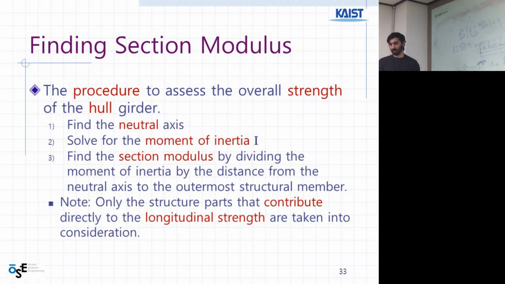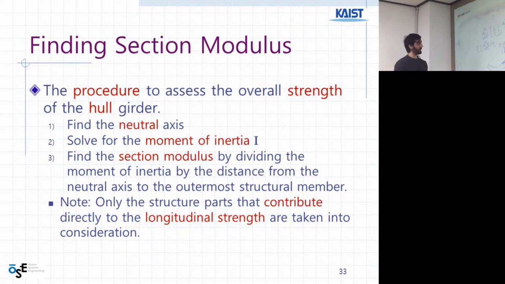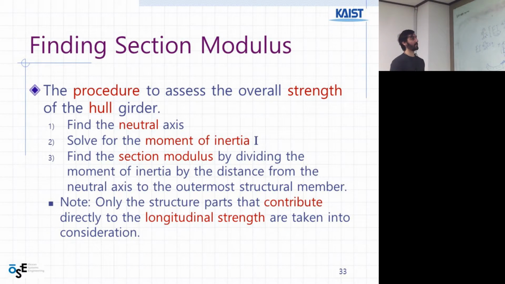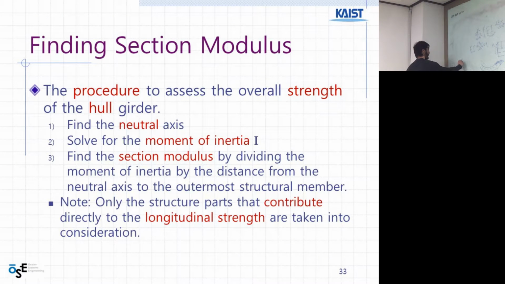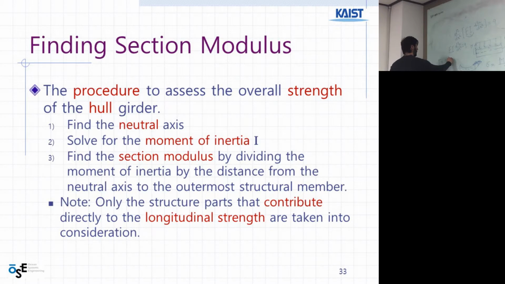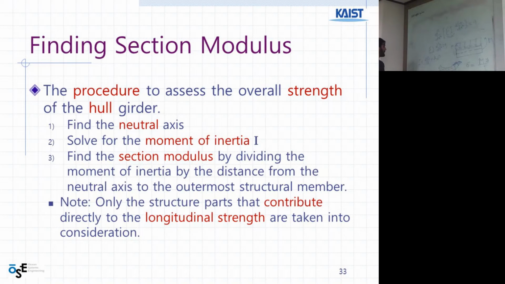First of all, we have to find the neutral axis, and then we have to solve for the moment of inertia. Inertia is given by this. This is the width of the cross section, horizontal, and this is the height.